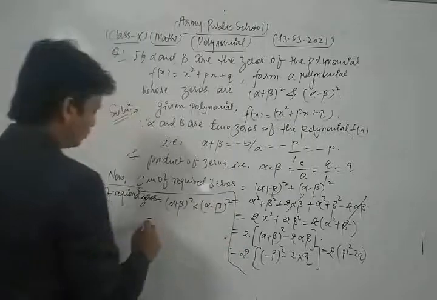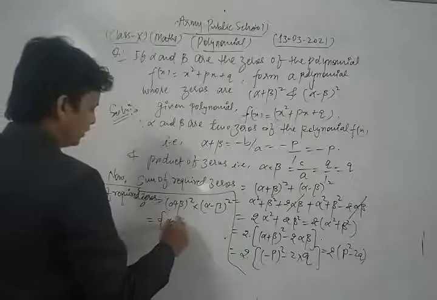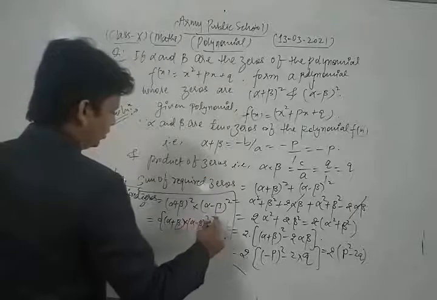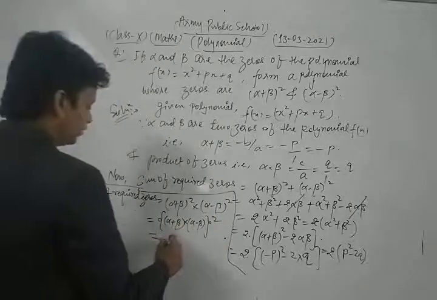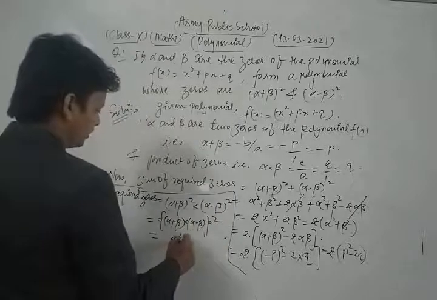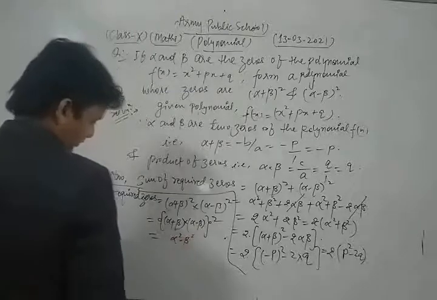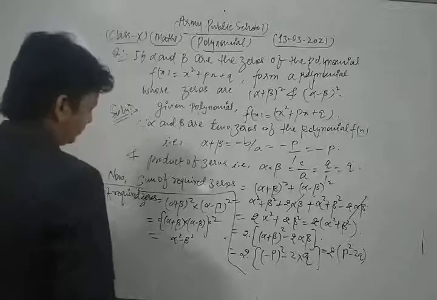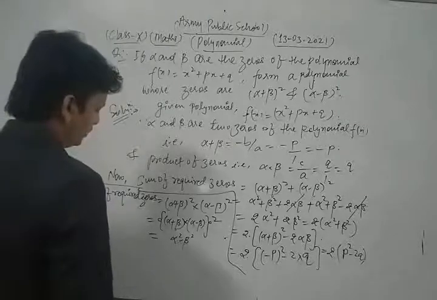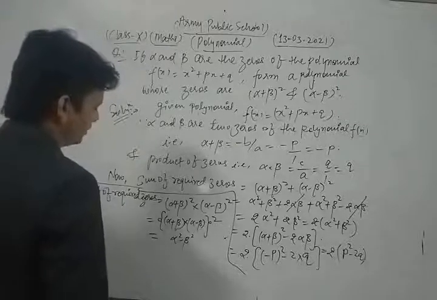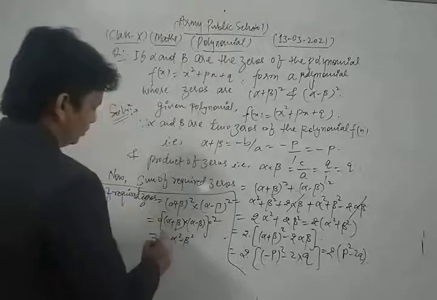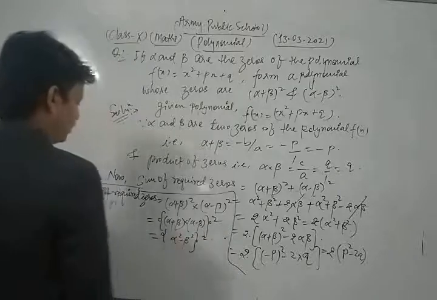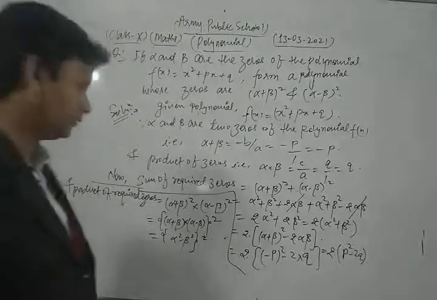In this way, we also write this as alpha plus beta into alpha minus beta, whole square. Now a plus b into a minus b gives a square minus b square, so we get a square minus b square whole square. Now what do we do for that?